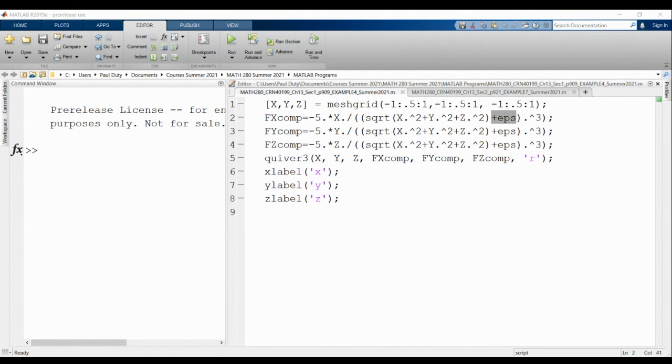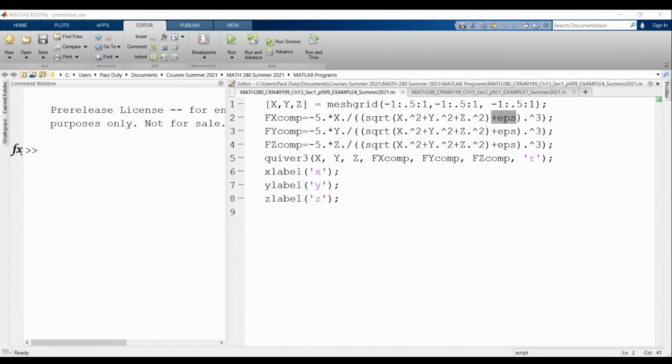This code might be old, and new code might not need this, but there's a reason I'm showing you this. Why would I want a plus epsilon in the denominator? The epsilon is like 1 times 10 to the negative 21st power, something like that. It's a very small decimal. It doesn't affect the value at all.